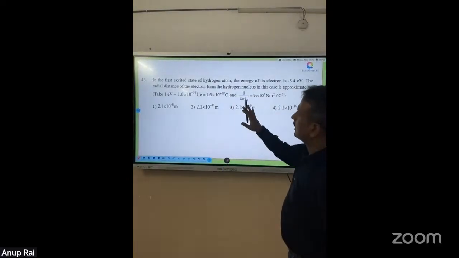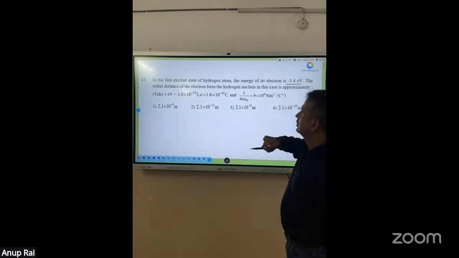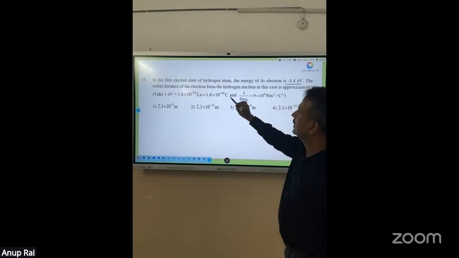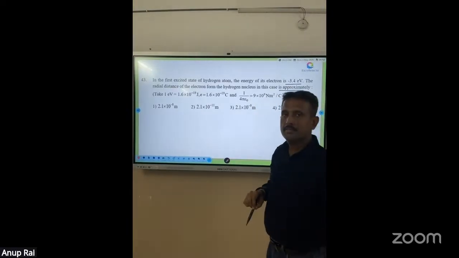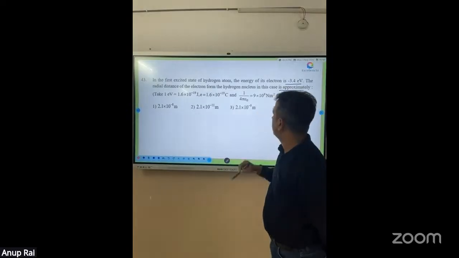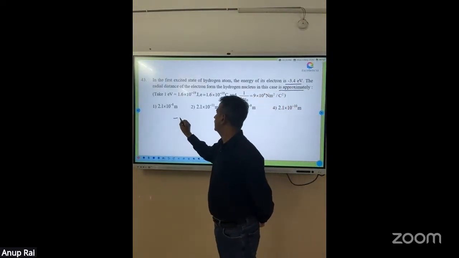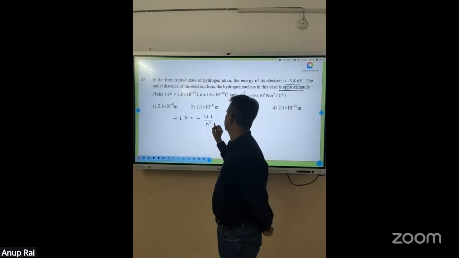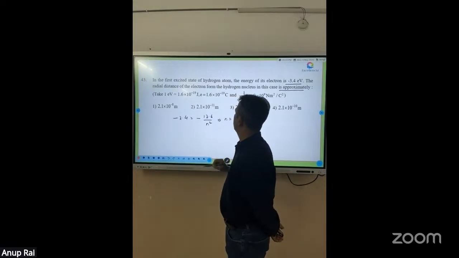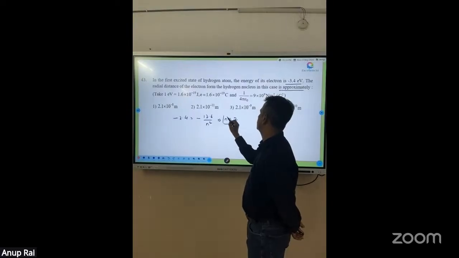In the first excited state of the hydrogen atom, the energy of its electron is this much. The radial distance of the electron from the hydrogen nucleus in that case is approximately? Basically, they are looking for the radius of that orbit. First calculate the quantum number. The energy is equal to minus 13.6 upon n square. First excited state means n is equal to 2.